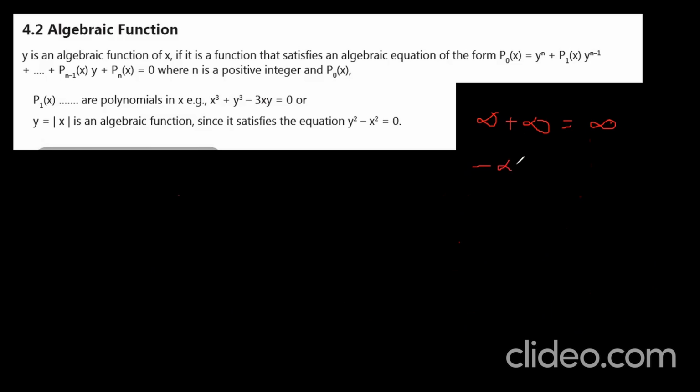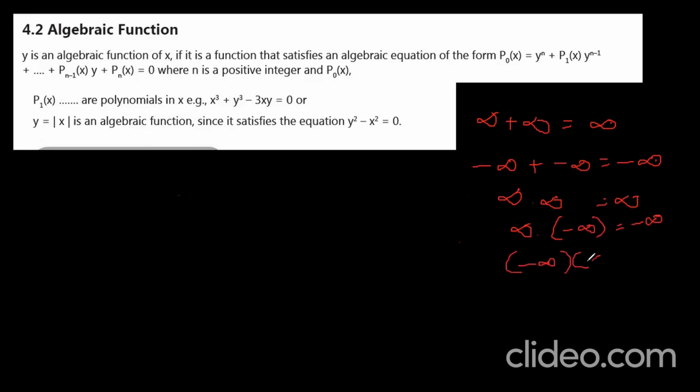If I take minus infinite plus minus infinite, what happens? Yeah, no doubt minus infinite. Infinite into infinite, it's infinite. Infinite into minus infinite, it's minus infinite. Minus infinite into plus infinite, it's also minus infinite. Minus infinite into minus infinite, if you take both negative, it should be positive. Hmm?